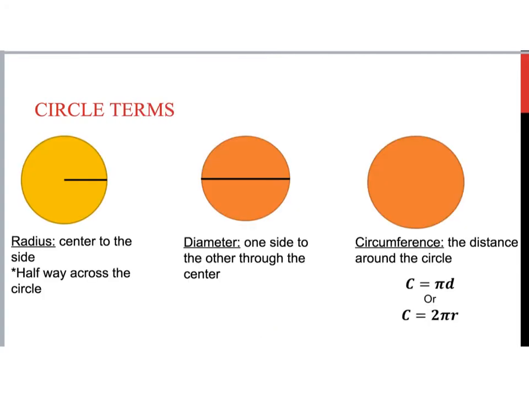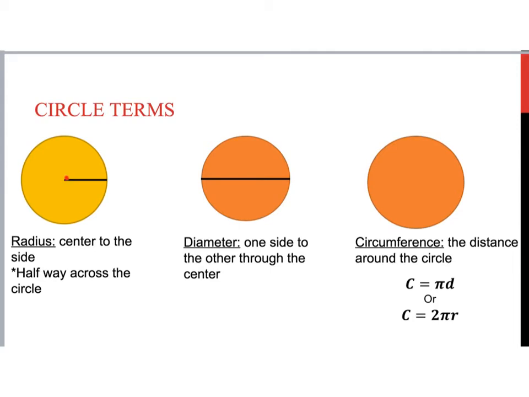When you work with circles, there's a few terms that you're going to hear come up quite a bit. One is called the circle's radius. Now the radius is the center to the side, or it's halfway across the circle, and you can see that right here.